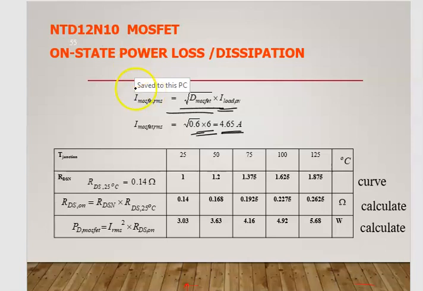Okay, we have talked about on-state power loss, the so-called conduction loss. Conduction loss is represented by when we switch on the device, how much resistance there is across the switch during switch on, and for a transistor, how much voltage drop there is across the transistor during switch on.